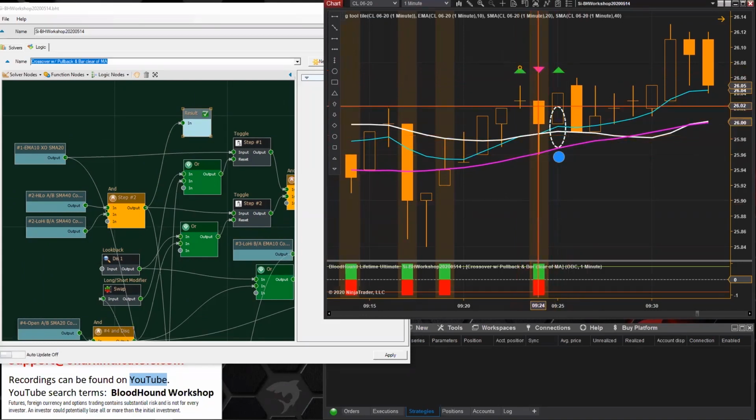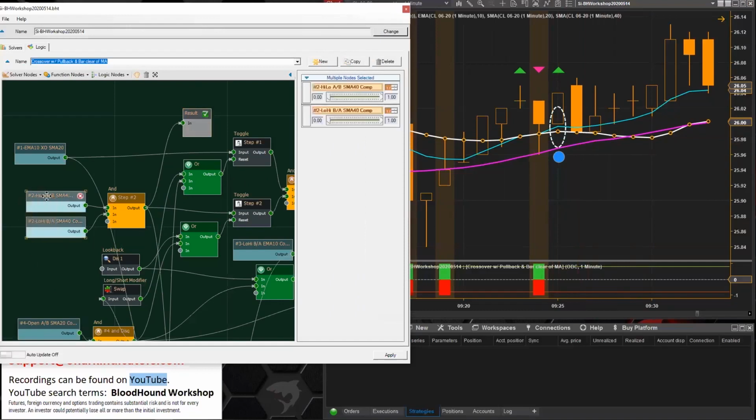I can see that the candle that's touching for step two is on the cross down. So obviously I need the EMA 10 to be above the SMA 20 to know that we had a crossover condition.